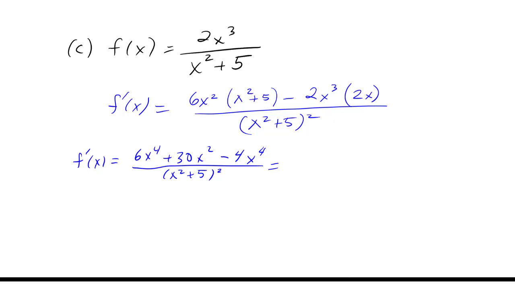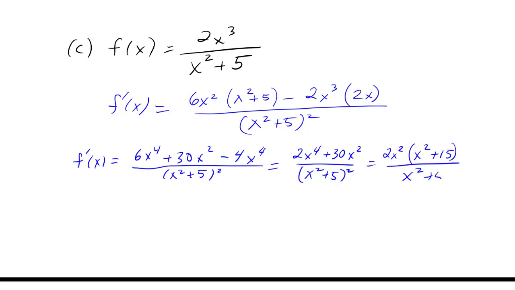I get 2x to the 4th plus 30x squared over x squared plus 5 squared. And if I factor out a 2x squared, x squared plus 15 over x squared plus 5 squared. Okay.